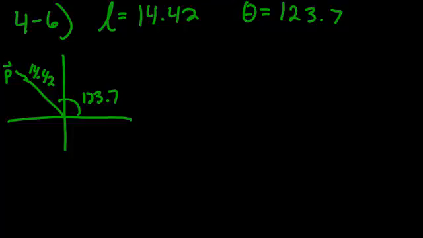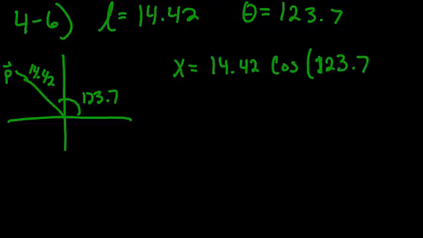So this is pretty much exactly what we did on the previous lab. So x is equal to 14.42 cosine of 123.7.